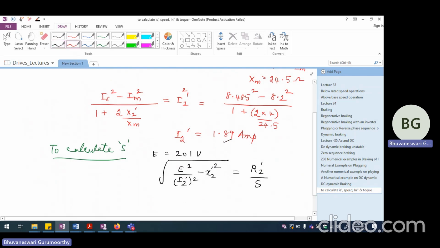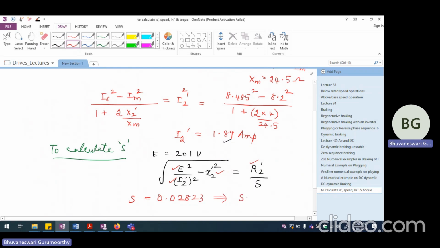So in this, we know all the values. We know what is E. We know what is I2 dash. We know what is X2 dash. We know what is R2 dash. So S can be inferred from here as 0.02823. So this is the 1 minus S value.